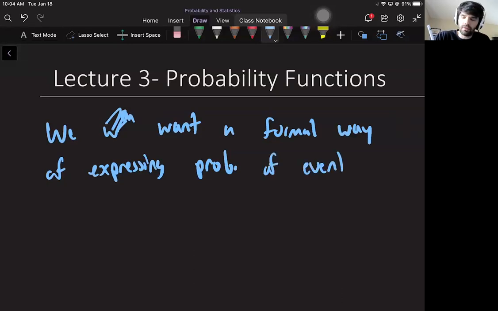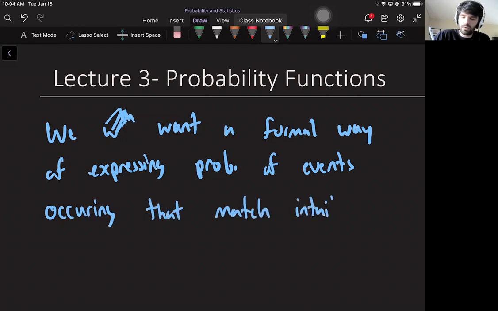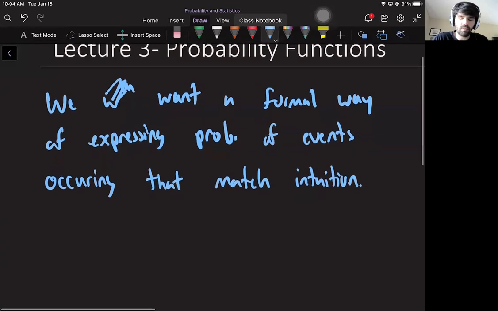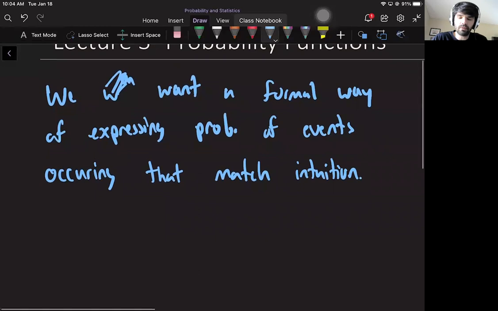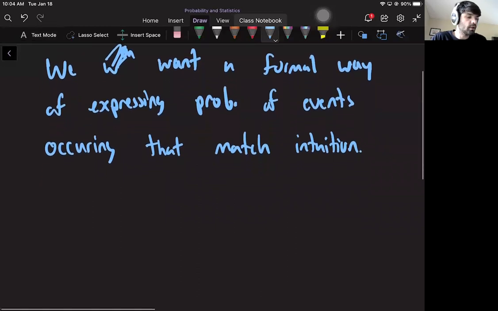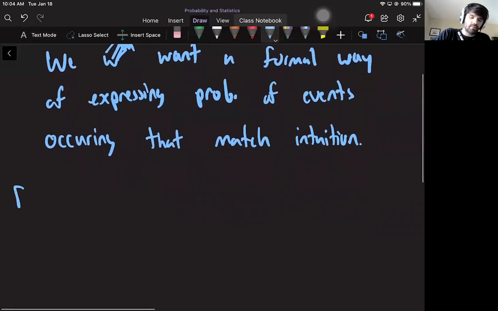So using our language that we've developed so far, events occurring, but we also want it to match our intuition. So we want to be able to use our fancy notation to say what probability is, but we also want it to match how we normally calculate probability. So let's think about some examples.